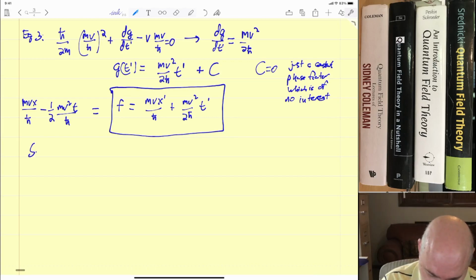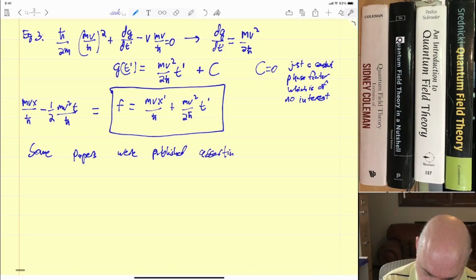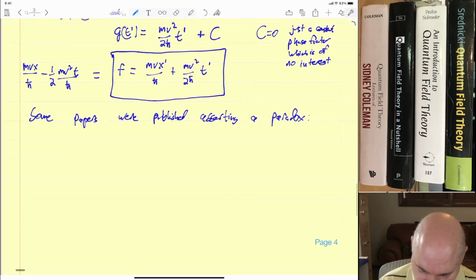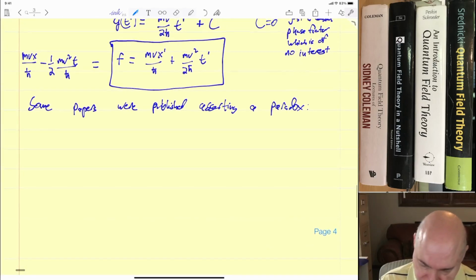Some papers were published asserting a paradox, and the paradox went as follows.